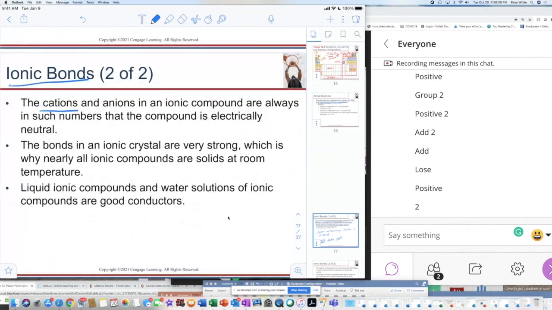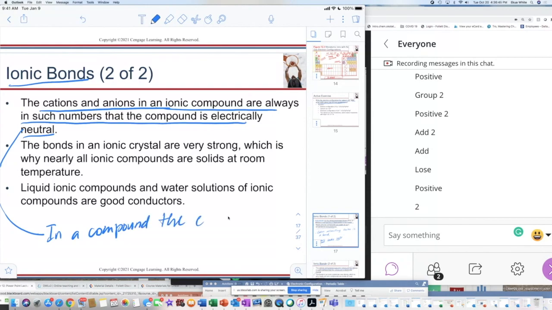So in ionic bonds, cations and anions in an ionic compound are always in such numbers that the compound is electrically neutral. Translation: in a compound, the cation charge is neutralized by anion charge.